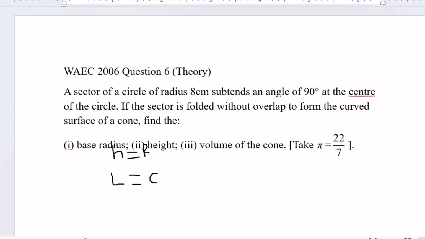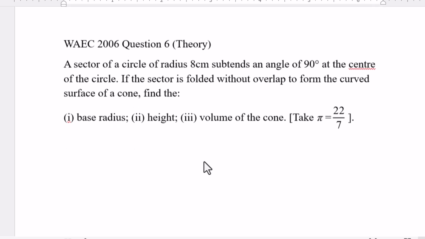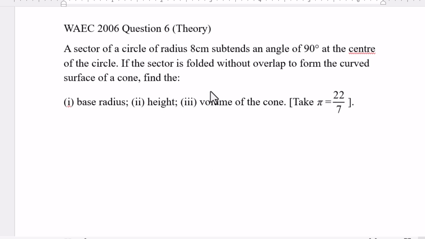Now let's delete all these ones. I don't need them. Okay. Now I've brought out two principles from this kind of question. Let me input my formula. What I brought out from this folding of a sector into a cone, I brought out two basic principles.